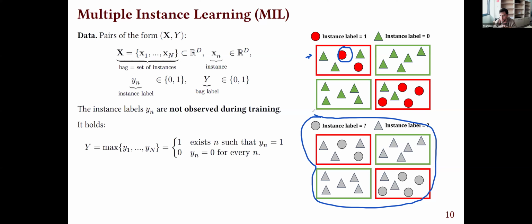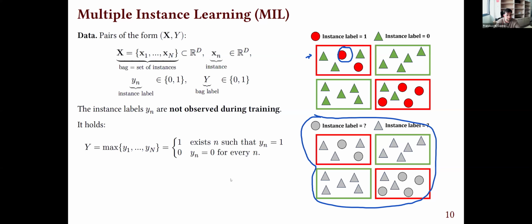And from this, we would like to train a model that is able to localize where the positive instances are. In the same way, the bag label will be negative, or 0, if there are no positive instances. In the case of cancer prediction or tumor prediction, it will mean that a whole slide image has no cancerous patches.